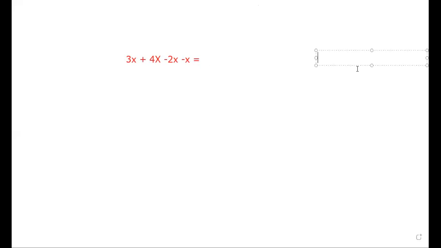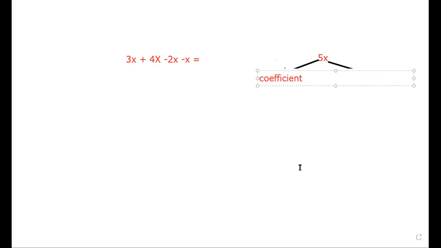Here, if you have 5x, then we can say that this number is called the coefficient and this is the variable. Then, what does this mean again? We said if you have 5x, the first one is called the coefficient. So it's the number before the variable.